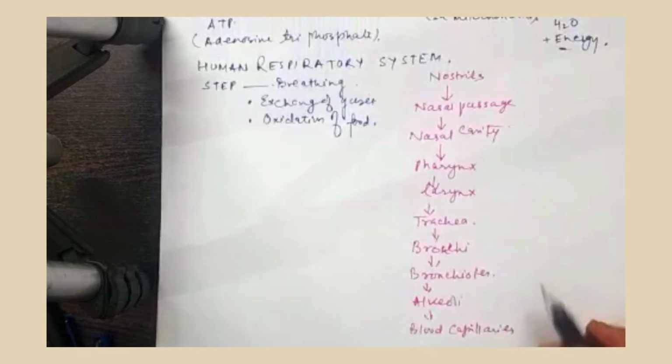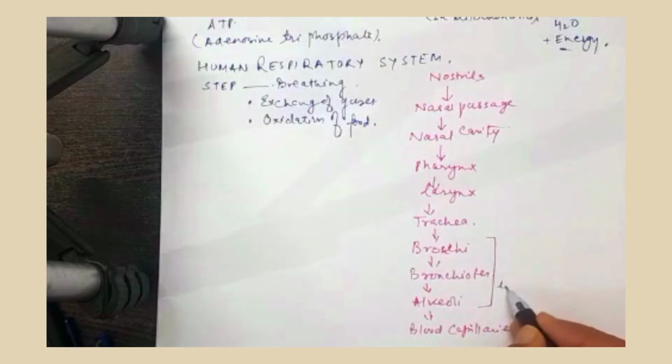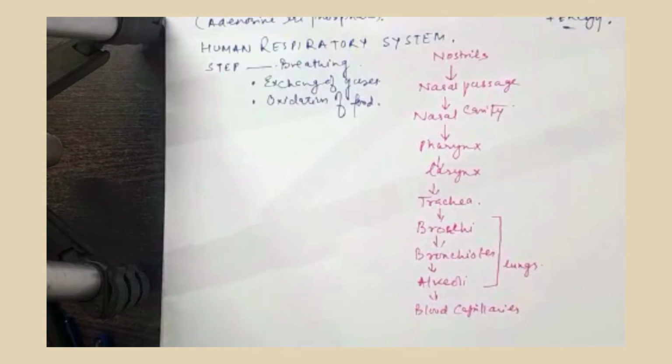Now this portion, after trachea, this whole portion is inside the lungs, right? I'll just draw the diagram and explain how it happens.